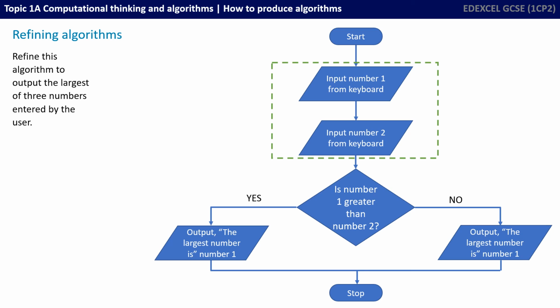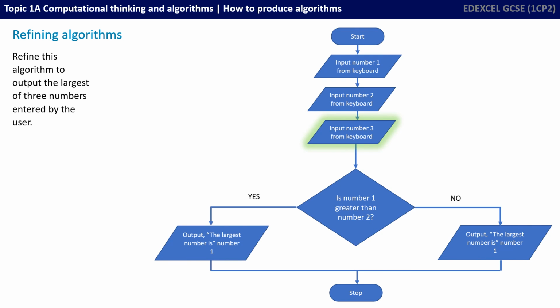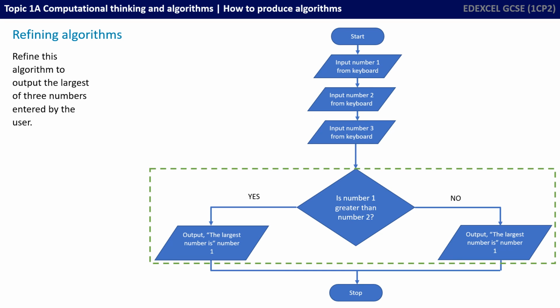You would first need to identify the areas of the existing algorithm which need modifying. Well, we would clearly need to modify this top section to take in an extra input from the user, which you can see we've done here. And we would also need to modify this bottom section.